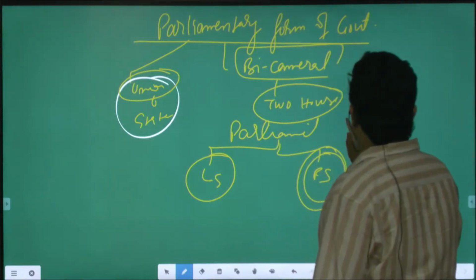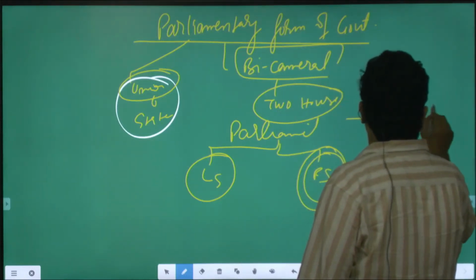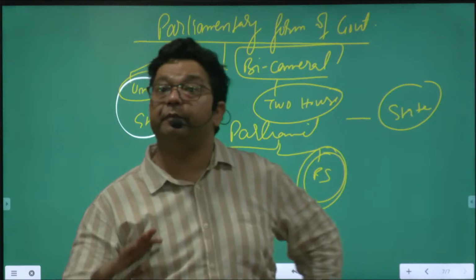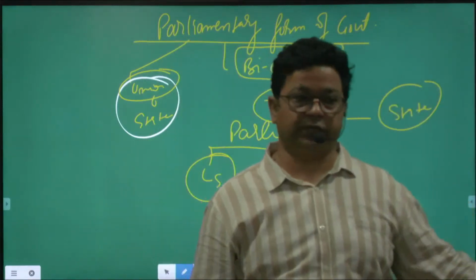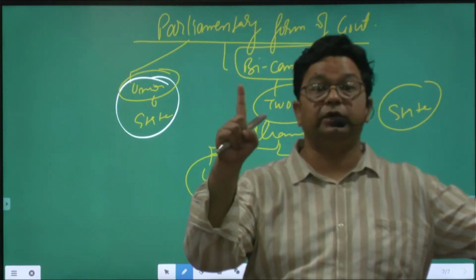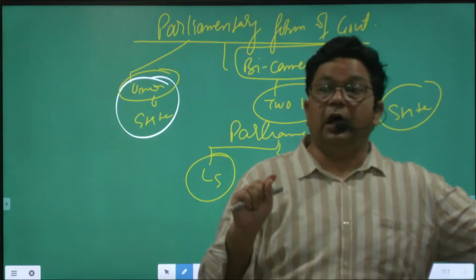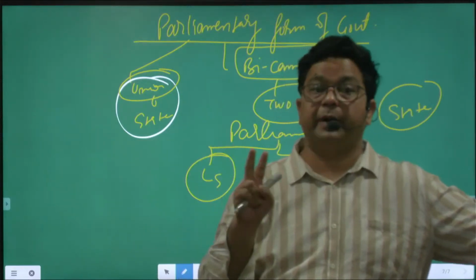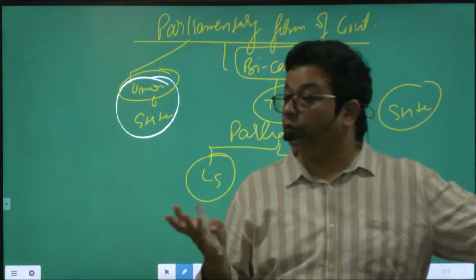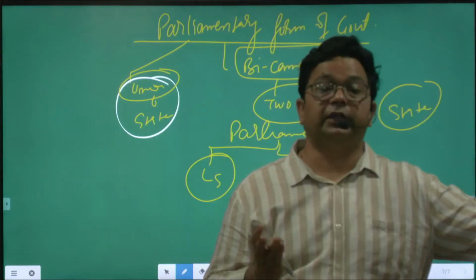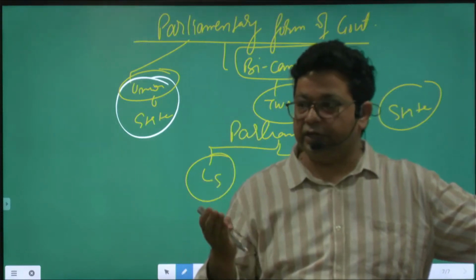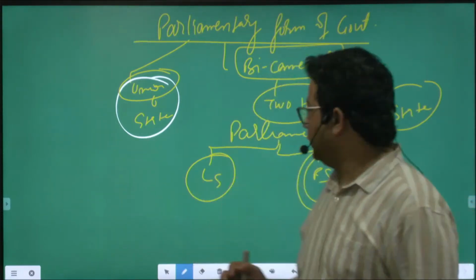But at the state level, as we said, there is no uniformity in bicameralism. Many of the states have a unicameral legislature. Orissa has how many houses? Only one, that is unicameral. Whereas six of the states have a bicameral legislature: Andhra Pradesh, Telangana, Uttar Pradesh, Bihar, Maharashtra.